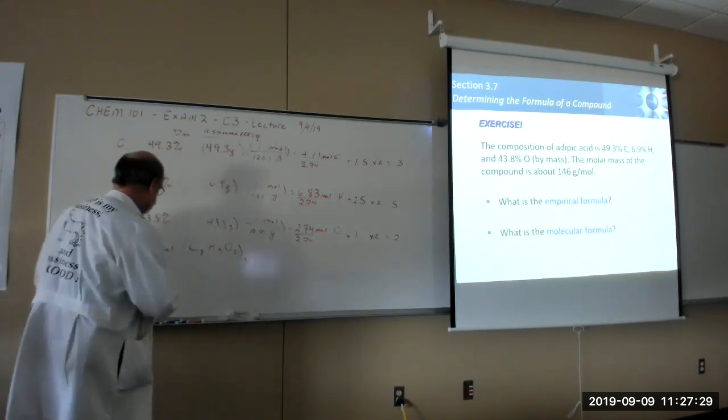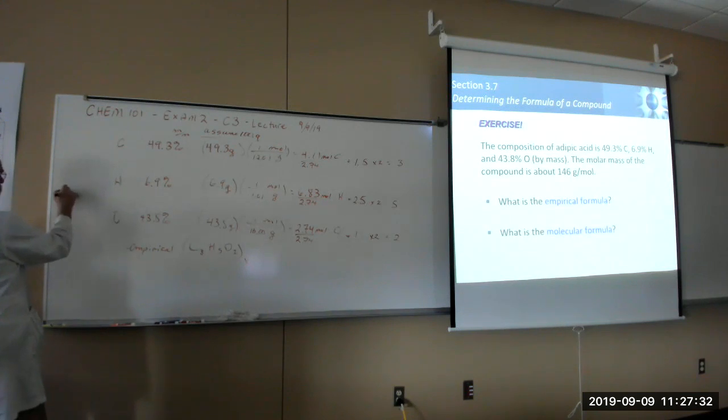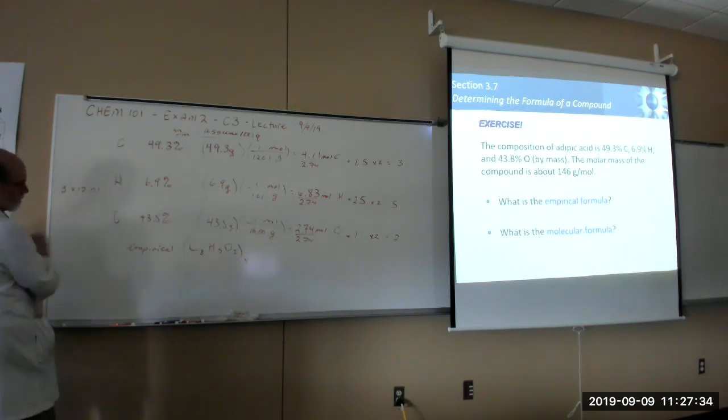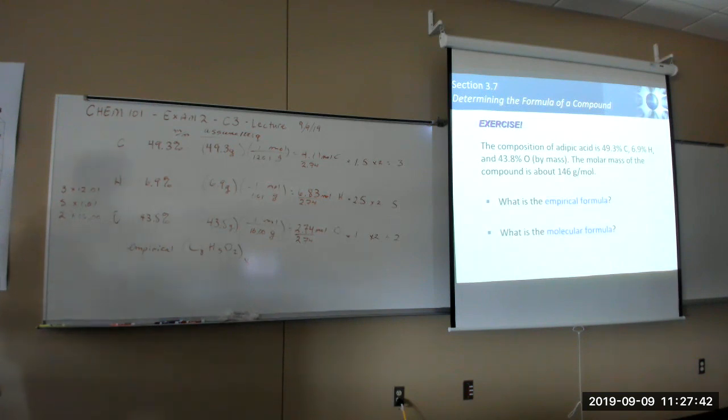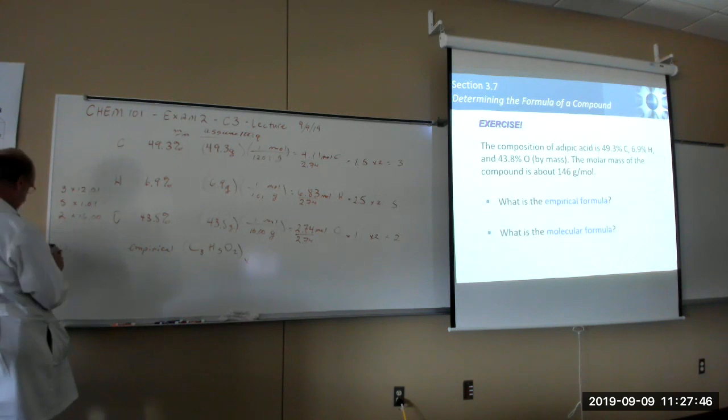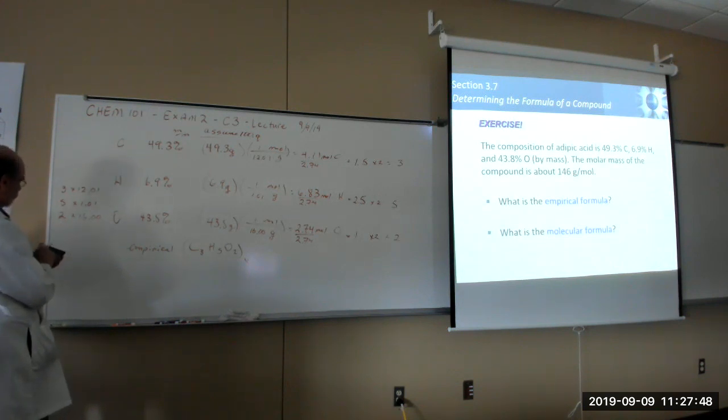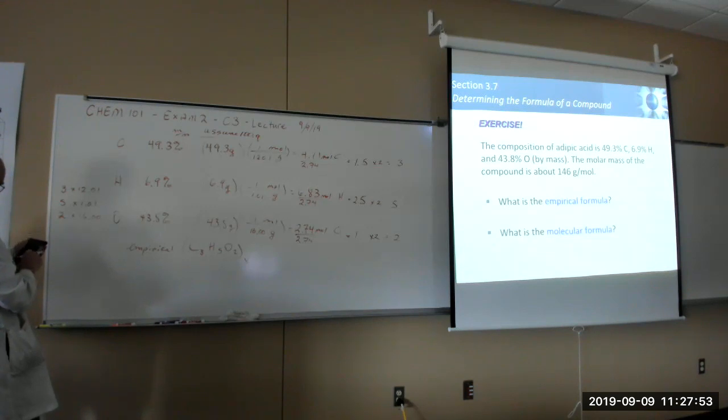So 3 carbons and 5 hydrogens and 2 oxygens would be what? Well, 5.05 is the hydrogen, 36.03 for the carbon, and 32 for the oxygen.